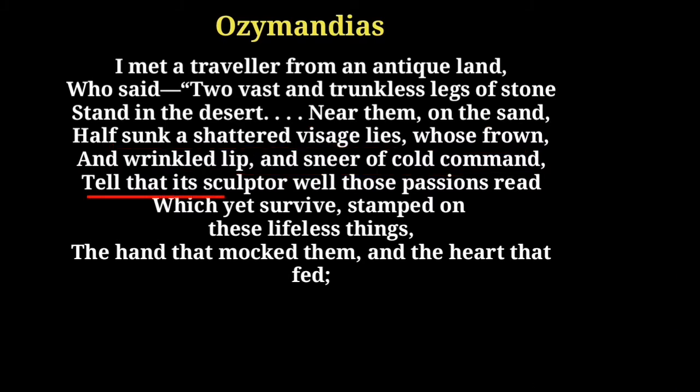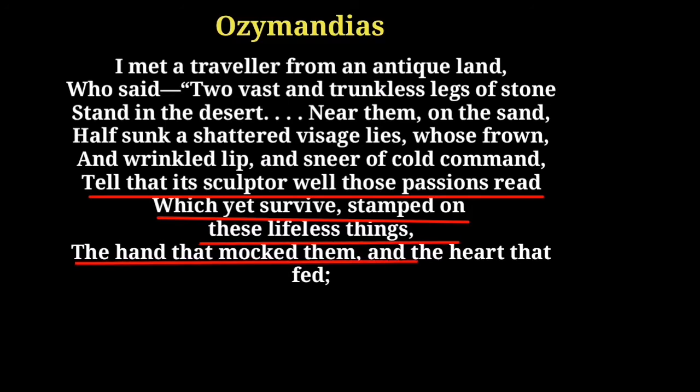Tell that its sculptor well those passions read, which yet survive, stamped on these lifeless things, the hand that mocked them, and the heart that fed. In these lines, the attention is shifted from the statue to the sculptor who created it.